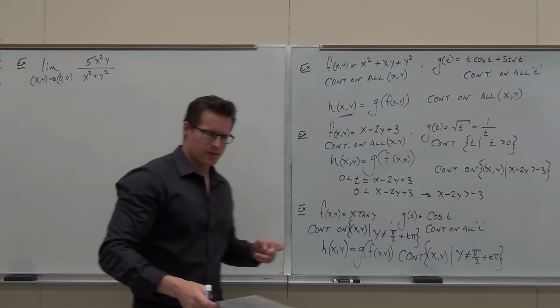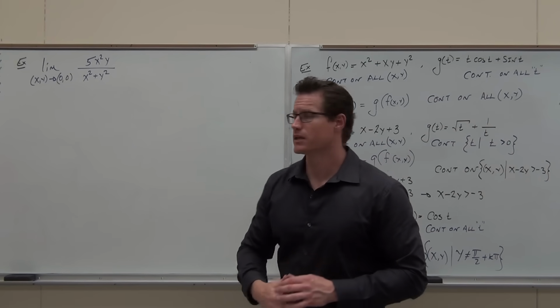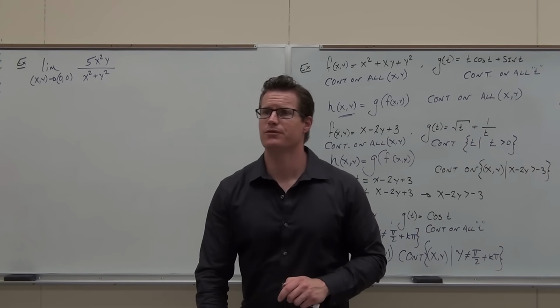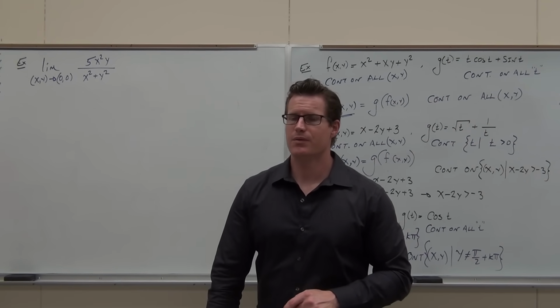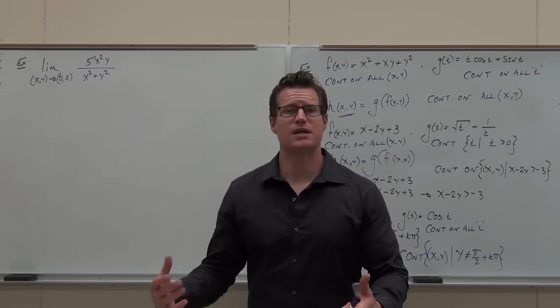First thing you should always do with limits is what? Plug it in. And you plug it in, you get 0 over 0. You can verify that form if you want to. And then we go, okay, we're used to saying things don't exist in this case, but this one does.